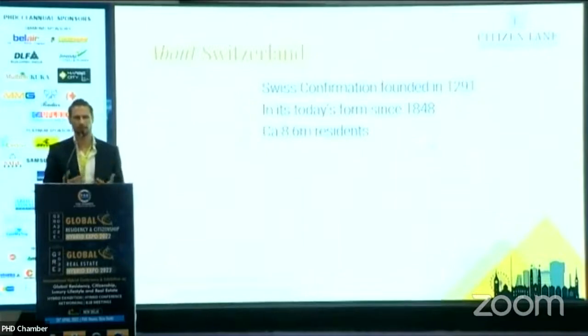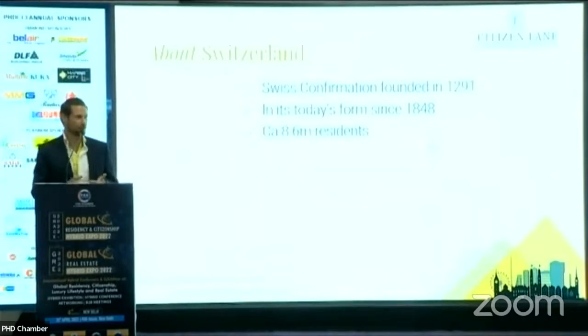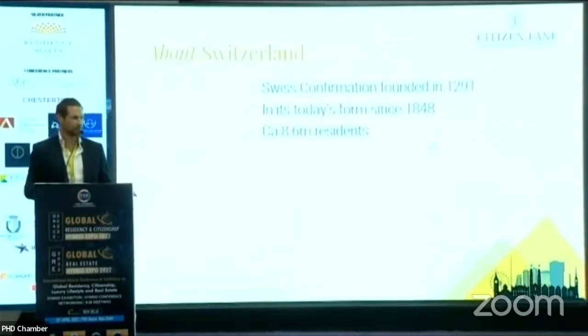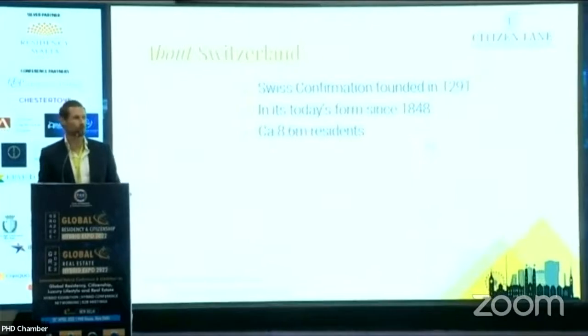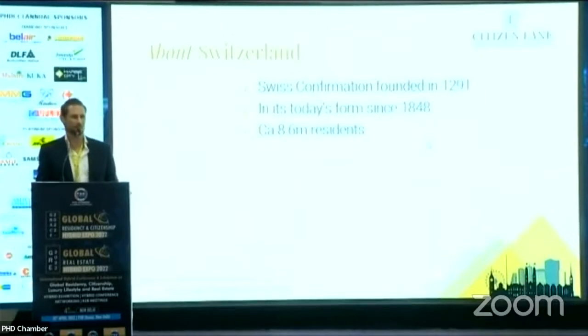You need to imagine that Switzerland is a mountain country, and right around Switzerland there were literally hundreds of different states at that time, and they were fighting with each other. We know that there have been so many wars in Europe until we finally got peace after the Second World War. But before that, it was not the best place to live.